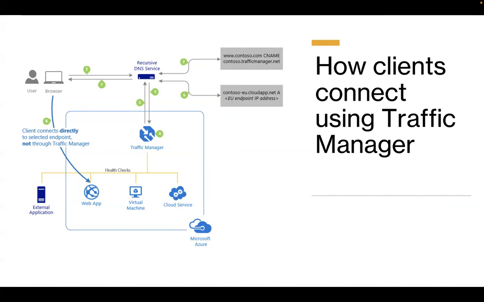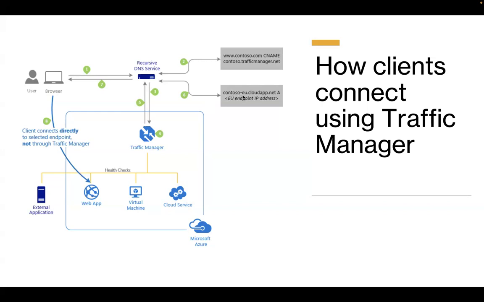Then in the Traffic Manager, depending on the routing method we have configured, there are different routing methods in Traffic Manager. Each routing method has some logic. We'll be covering what the routing methods are. That routing method will take the user inputs, go through the logic, and say the request should go to the Europe app, which is hosted in Europe.